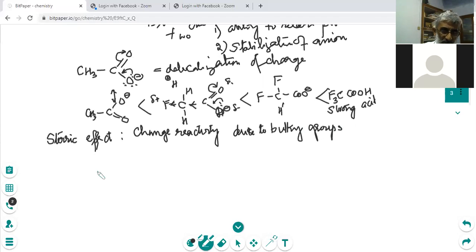look at this molecule. What is the name of this molecule? 1, 2, 3, 4. So 4 carbon, it is butane.